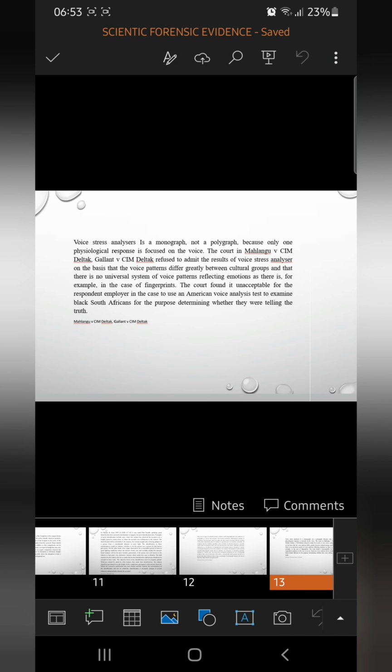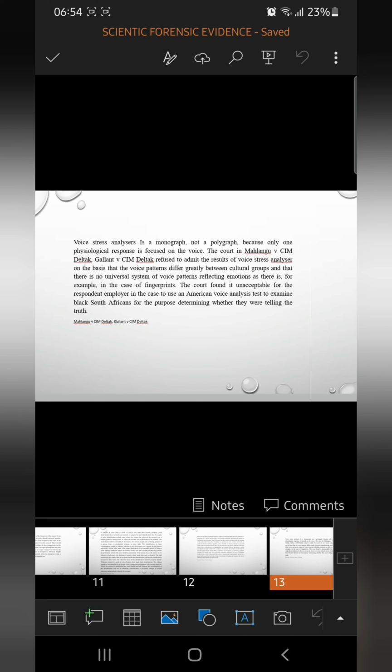A voice stress analyzer is a monograph, not a polygraph, because only one physiological response is focused on, the voice. In the case of Langa v. Fisa (CCMA), the commissioner refused to admit the results of a voice stress analyzer on the basis that the voice patterns differed greatly between cultural groups and that there is no universal system of voice patterns reflecting emotions as there is, for example, in the case of fingerprints.